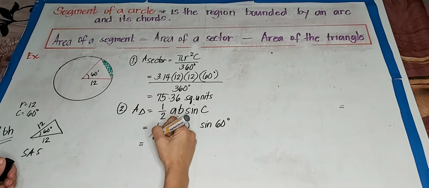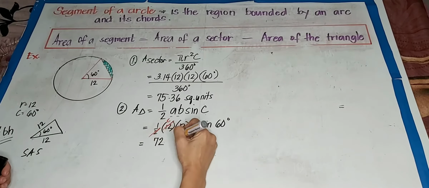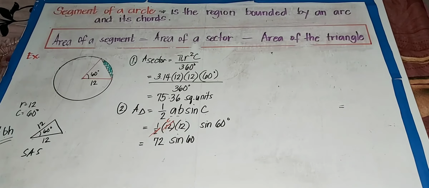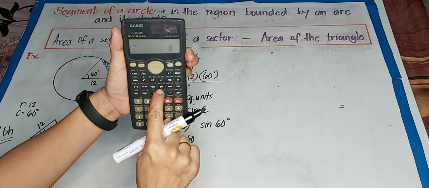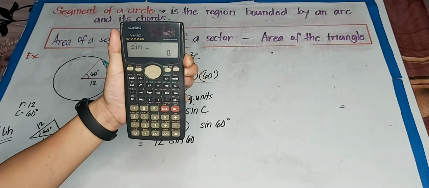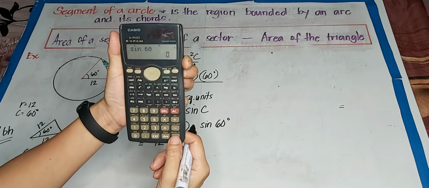So, this is 72. And then, sine 60. Sine 60 can be computed gamit ang calculator. Sine, cosine, tangent. So, syempre, sa sine tayo. 60 degrees.